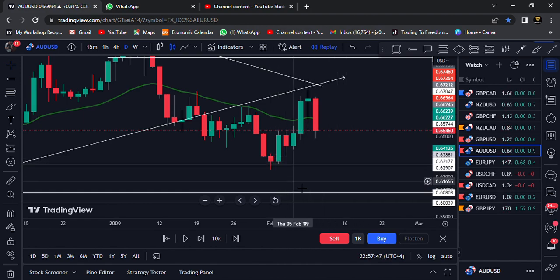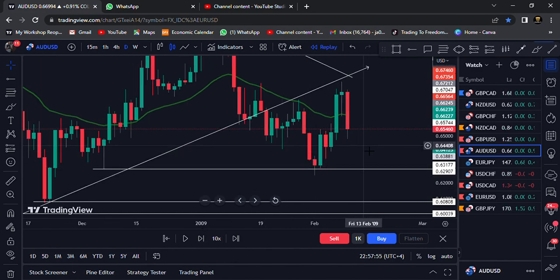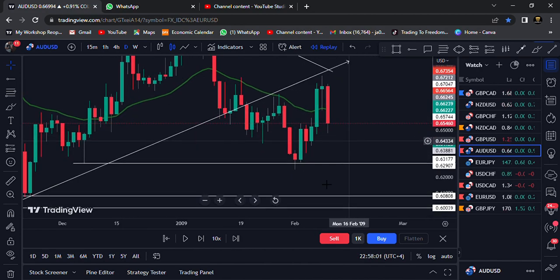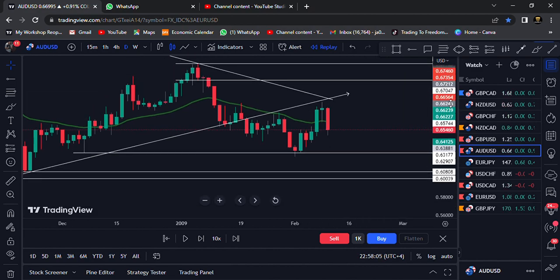I was waiting for a confirmation, but price just went up, which is still a good thing. So what happened is price went up to retest for the second time the trend line that it had broken. So still yet I haven't found any confirmation to either buy or sell.